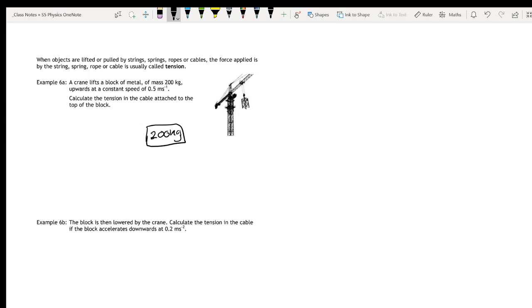We've got force upwards by the cable, which we'll call T for tension. And we've got, obviously, its weight downwards, mass times gravitational field strength. So 200 times 9.8, which is 1,960 newtons.